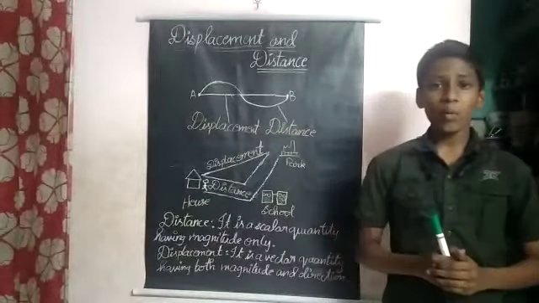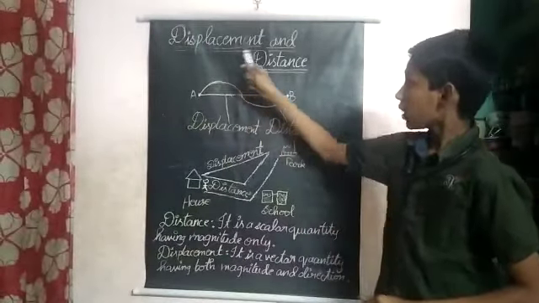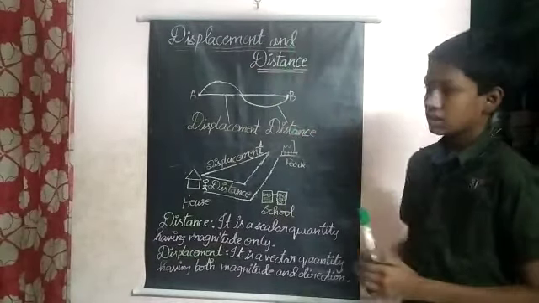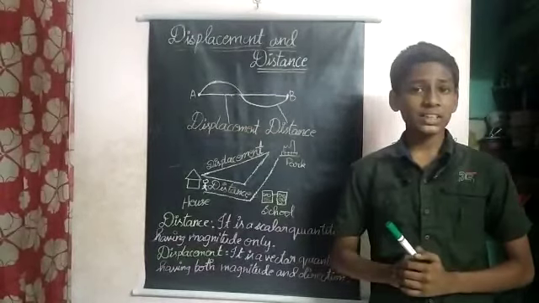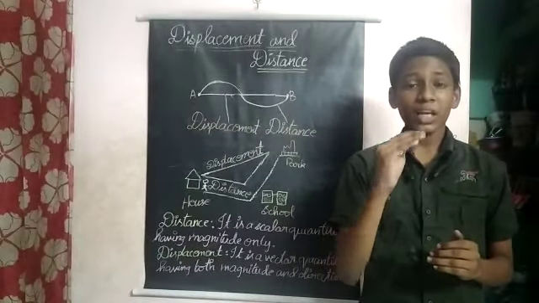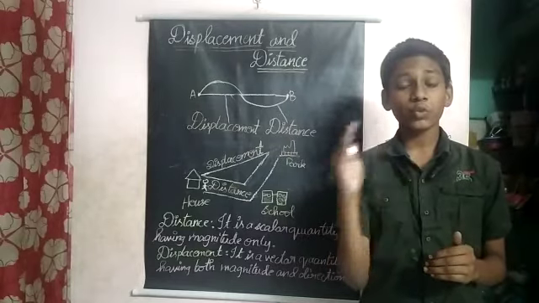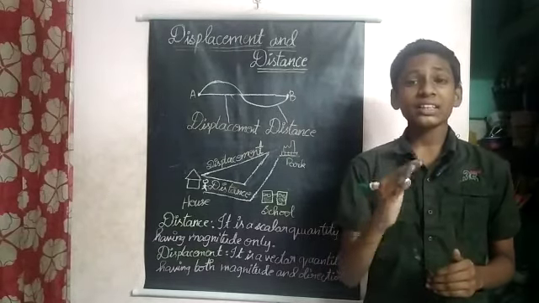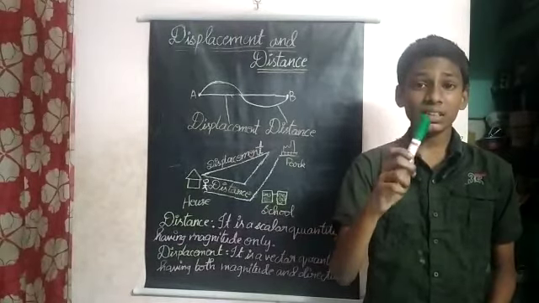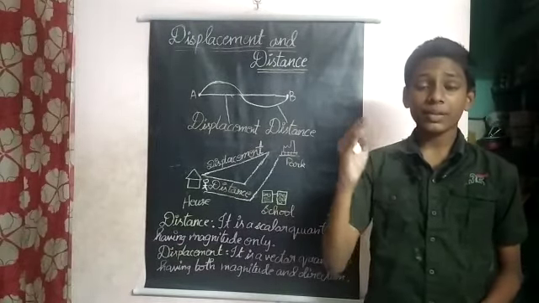Now we can see displacement and distance. What are displacement and distance? Displacement is the actual distance between 2 points, and distance is the length travelled by the body.